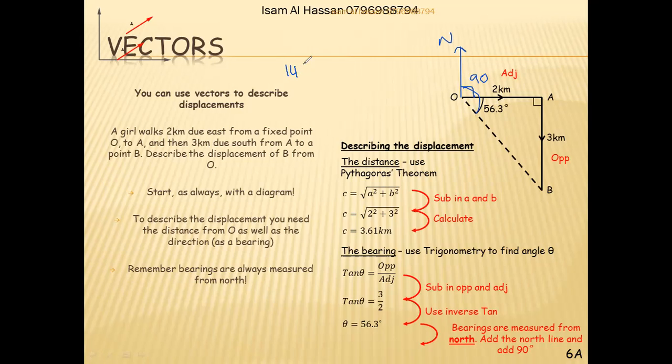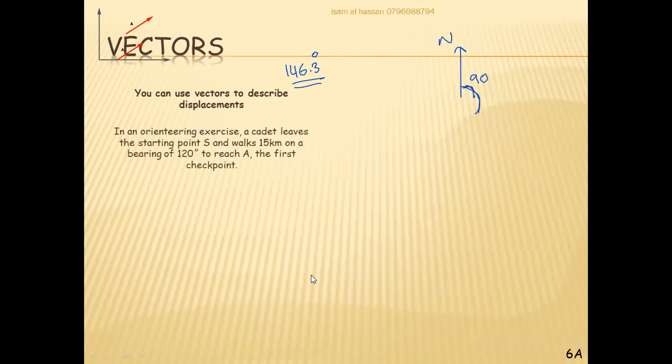That's 56.3 degrees, so a bearing of 146. So we can tell from the north, it's about 146. So point B is 3.61 kilometers, as we found here, on a bearing of 146. Now this is how to describe how vectors work.